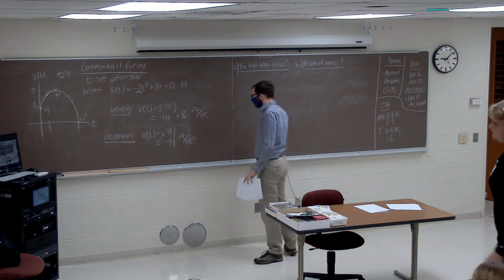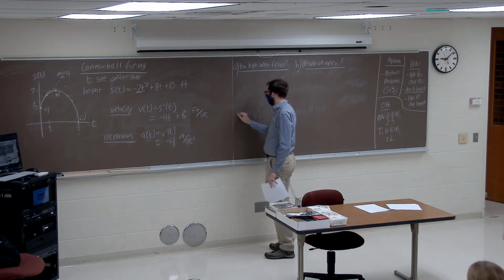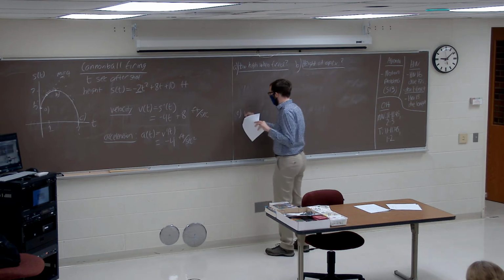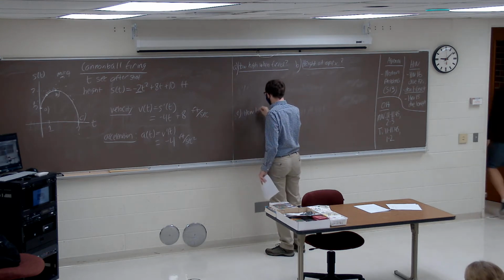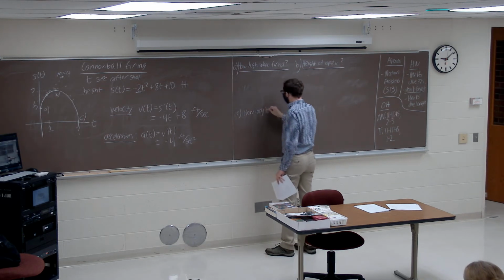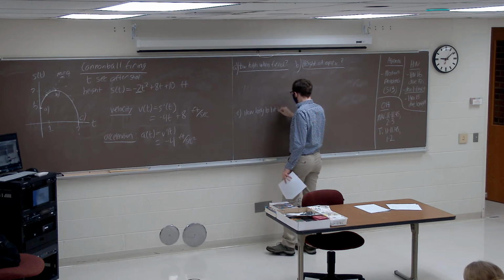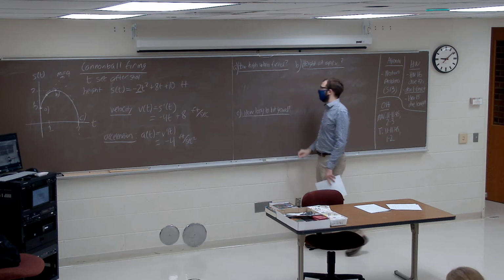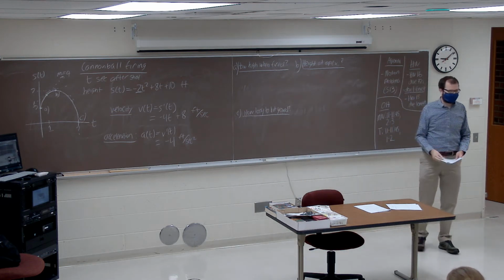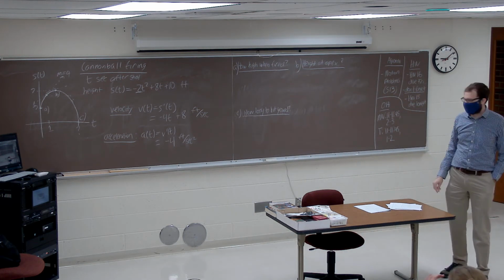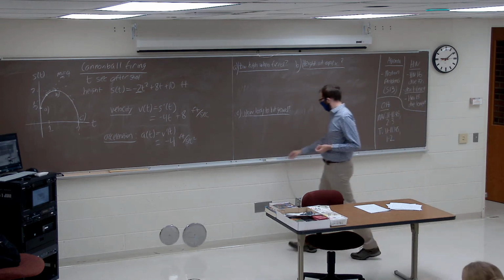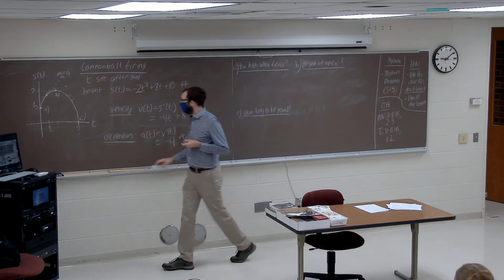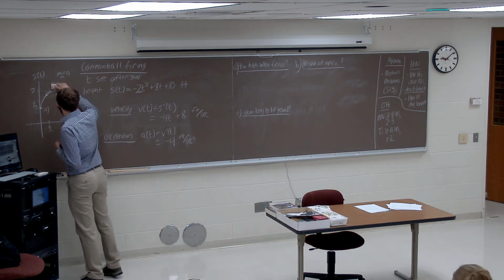You put t equals 0. Because the apex is right here, right. Yeah. And so the slope will be 0.